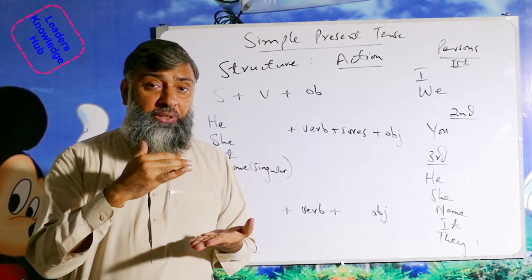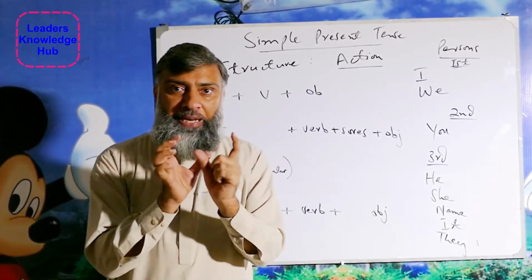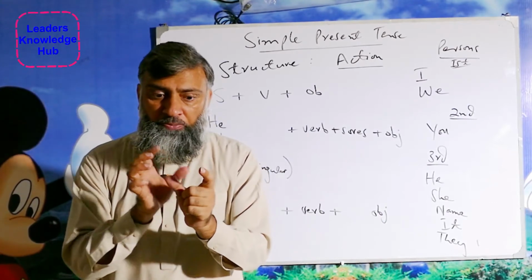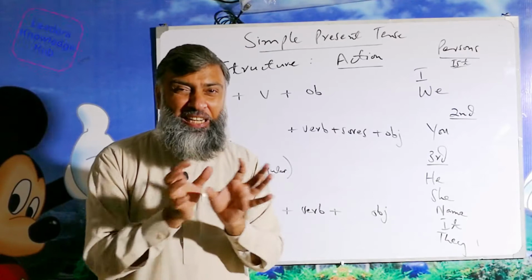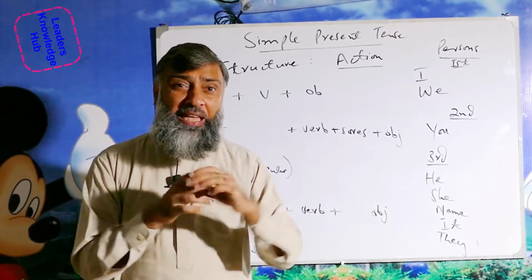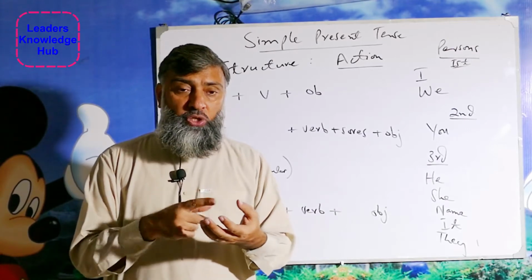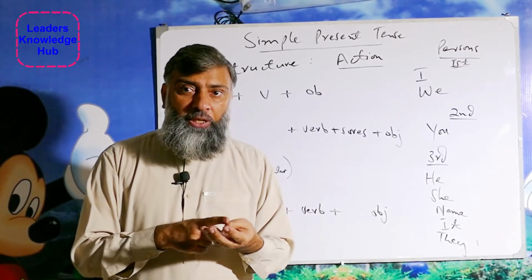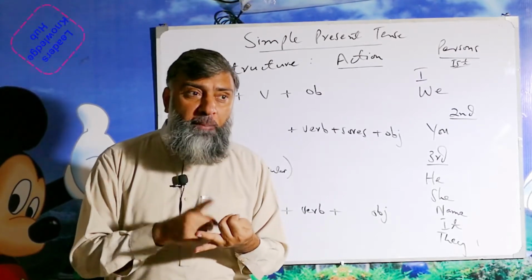For go, that is the base form. Let me tell you something about base form, root form, first form. These are different names. ये सेम ही है, they are used synonymously. उसको फर्स्ट फॉर्म भी बोलते हैं गो को, इसको बेस फॉर्म भी बोलते हैं, इसको रूट फॉर्म भी बोलते हैं.